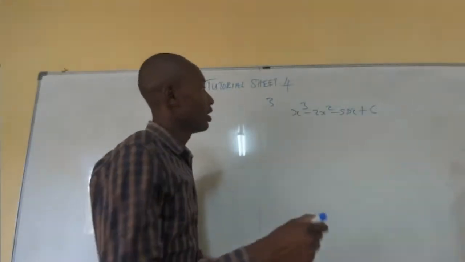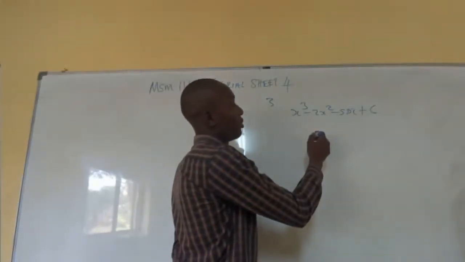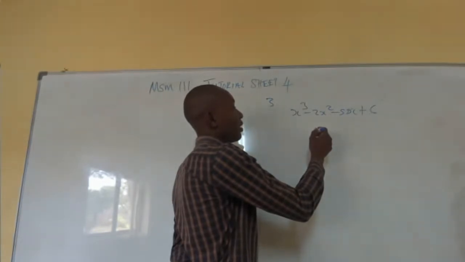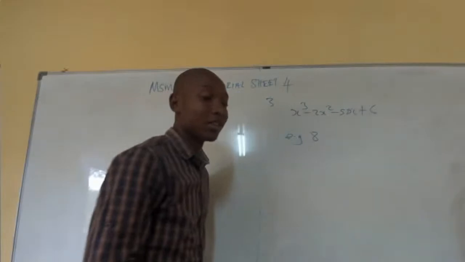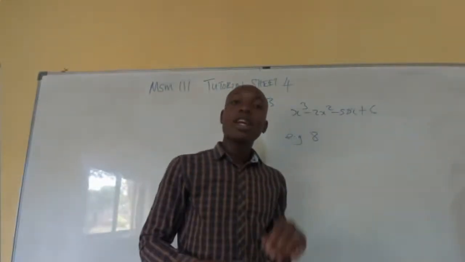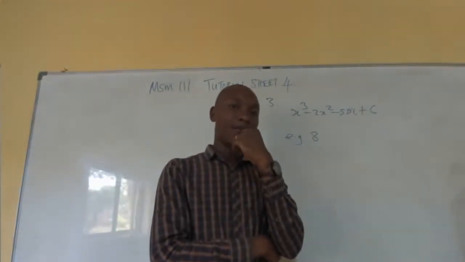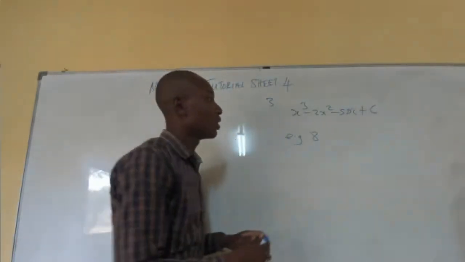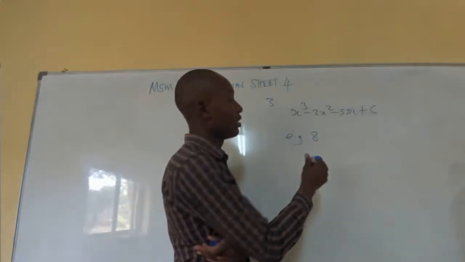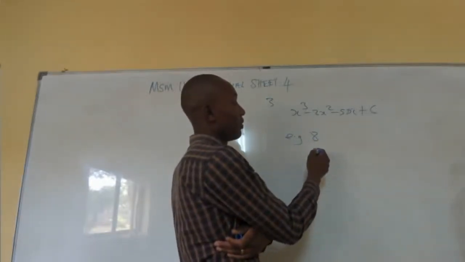So in short, let's talk about a small number. Let's say 8. So what are the factors of 8? In short, what numbers can go into 8 without leaving a remainder? Let's just concentrate on the positive ones.